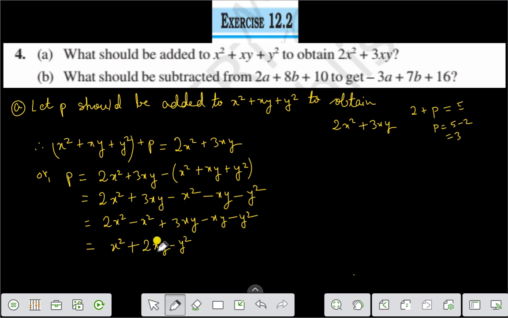Therefore we got the value as x square plus 2xy minus y square, right?